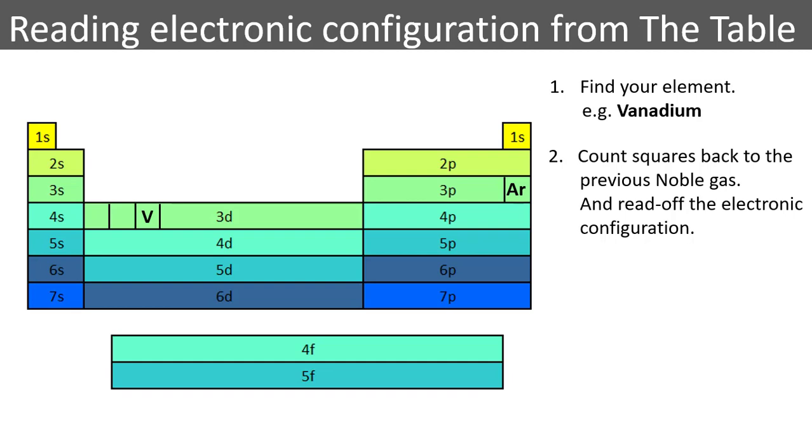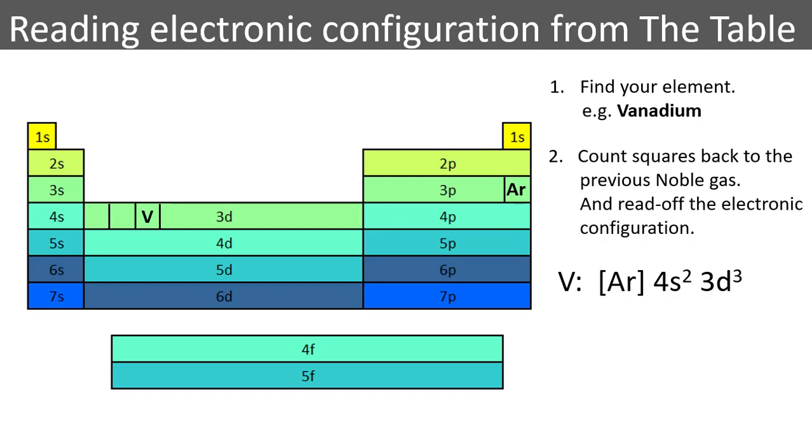So vanadium is 3 squares in to the first row of the d block. So the last part of the configuration will be 3d³. And then there are 2 squares in the s block corresponding to the filling of the 4s orbitals before that. So there's a 4s² part to the configuration.